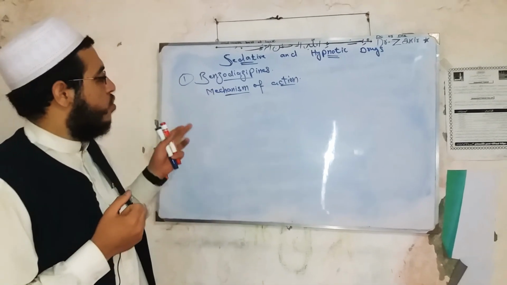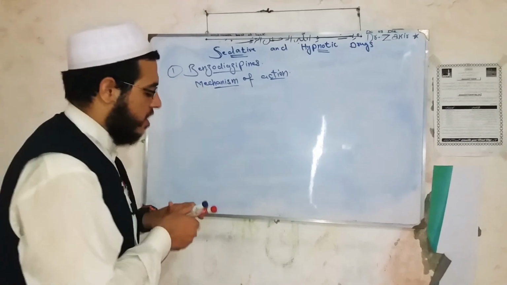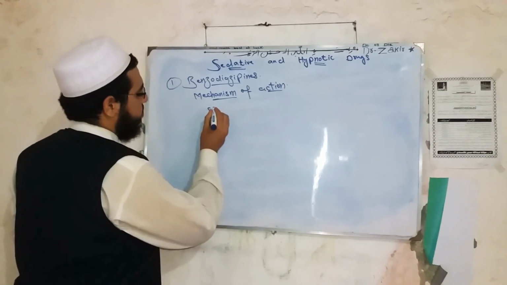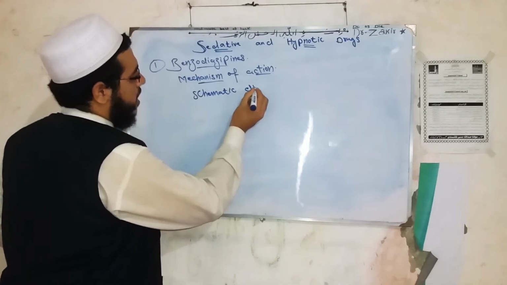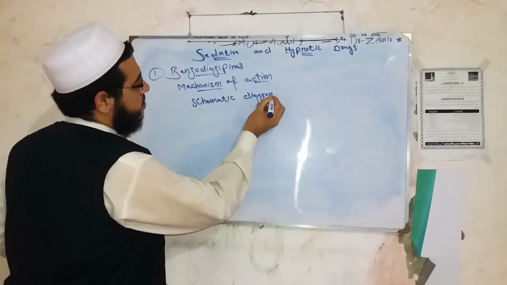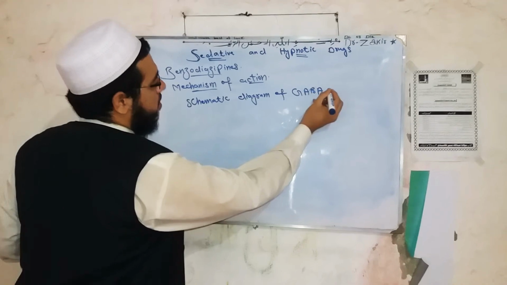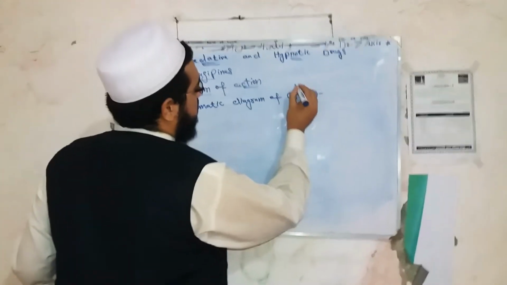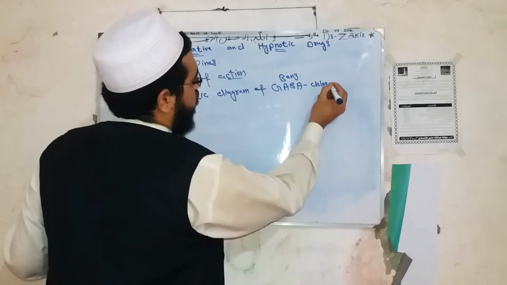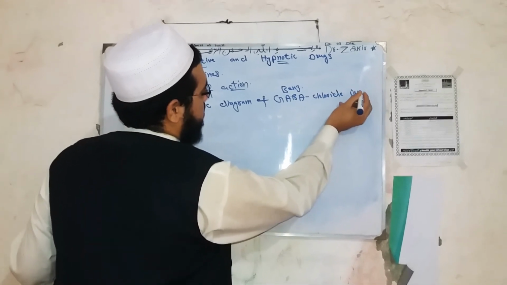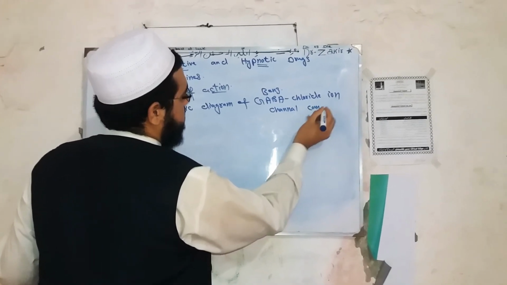Now we will come to the mechanism of action. First of all, I will draw the schematic diagram of the GABA benzodiazepine GABA chloride ion channel complex.